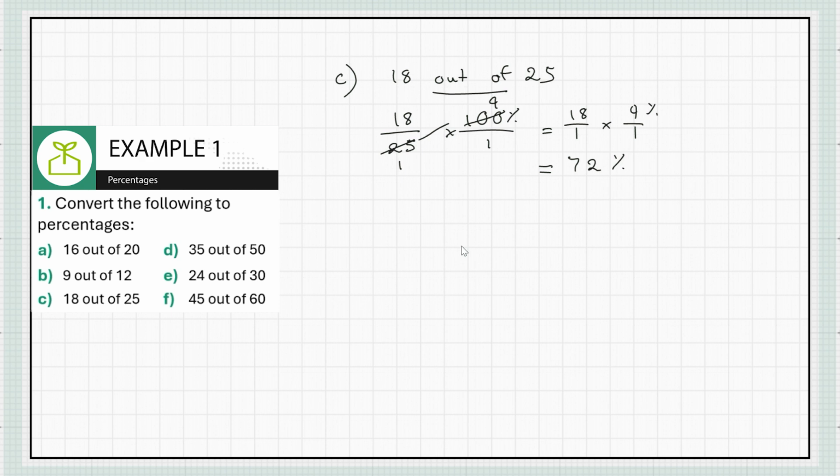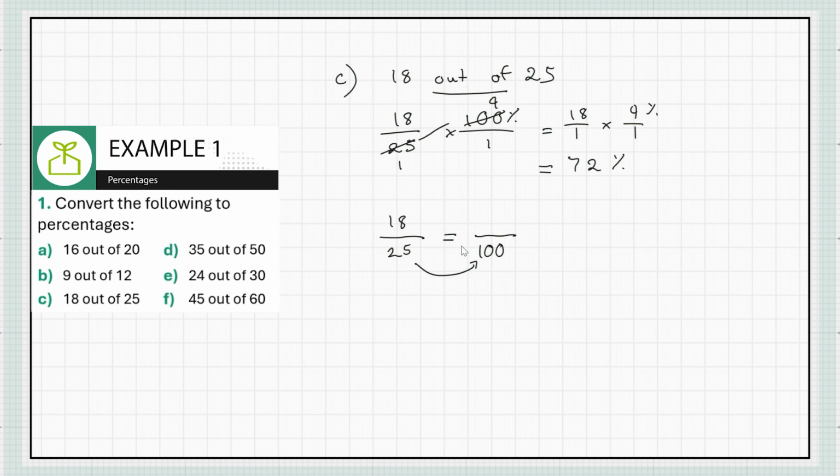And there are a couple of other ways of doing this. Now, we notice that at the bottom we have the denominator 25, and we know that any kind of percentage is going to be out of 100. So if I create an equivalent fraction where the denominator is now 100, I can immediately turn this into a percentage.